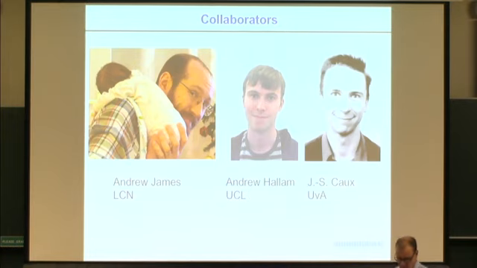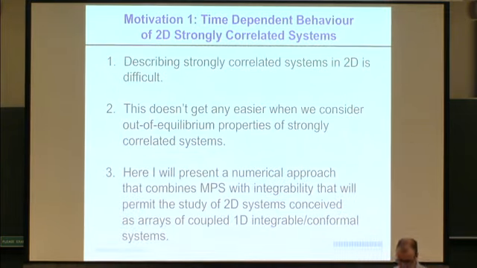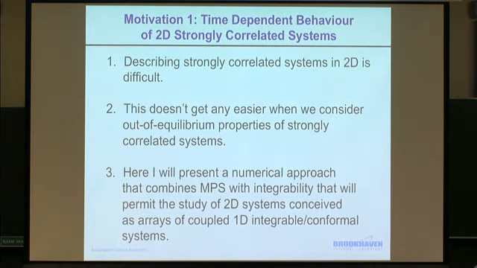So this work has, I guess, two themes or two motivations. One is to develop a new approach to studying non-equilibrium behavior in 2D systems. Now, of course, we know that studying just equilibrium behavior in any two-dimensional strongly correlated system is hard.